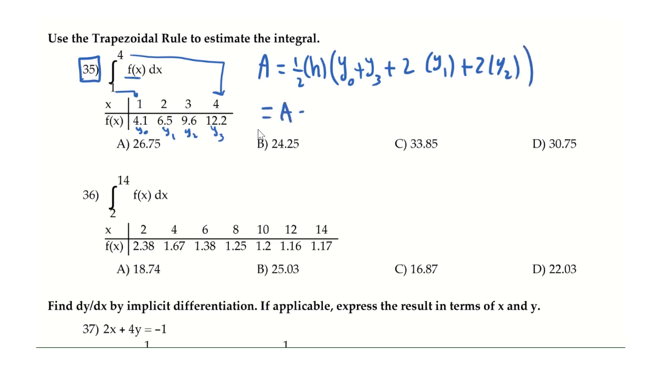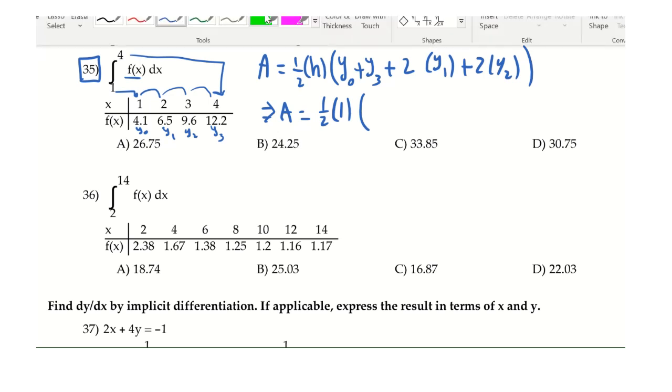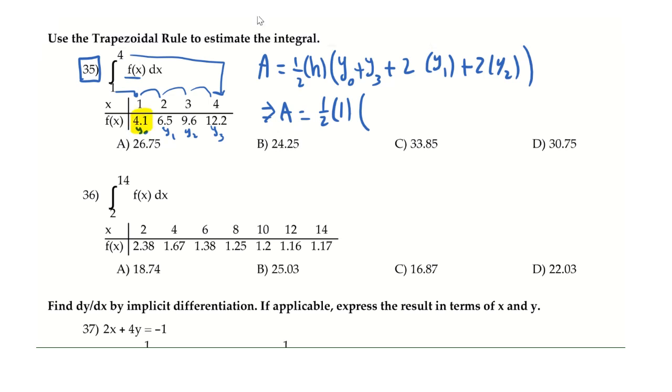So the area is equal to half. The number that I'm adding every time in x is 1. So the height is 1. Y naught, let me highlight it for you. This is y naught and this is yn or y3.